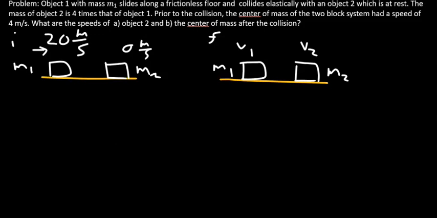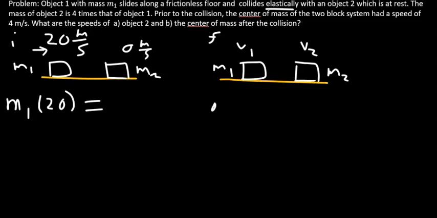Let's apply the principle of conservation of linear momentum. Momentum prior to collision is m1 times 20. I'm going to represent positive speeds as velocities in this direction, and negative speeds as velocities in that direction.